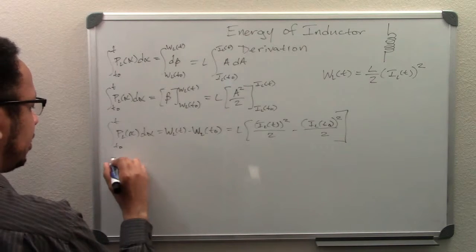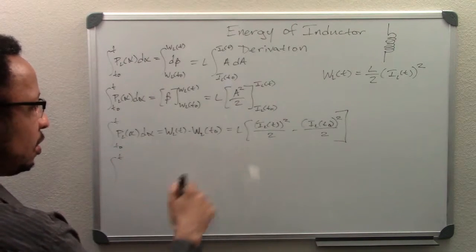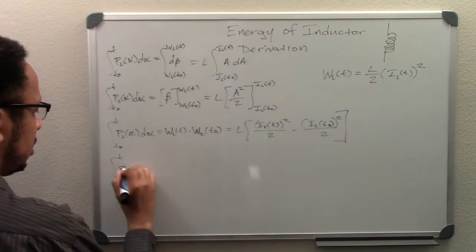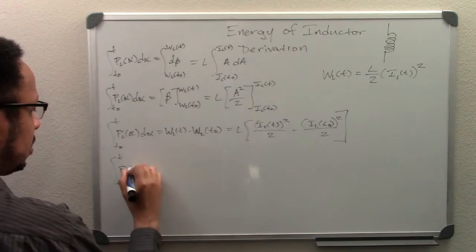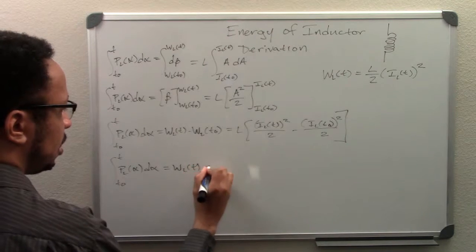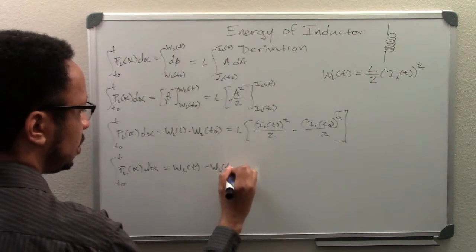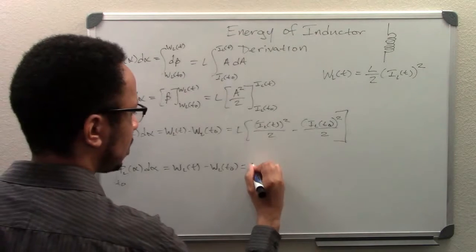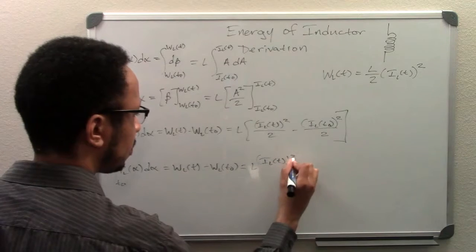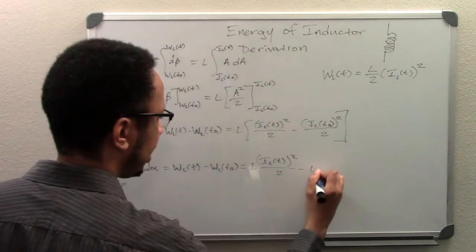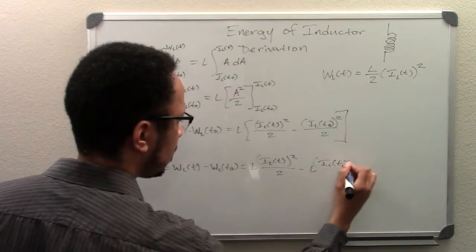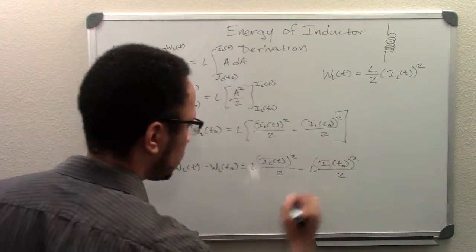Next, we'll distribute the L inward. That gives us L times i_L(t) squared over 2 minus L times i_L(t sub 0) squared over 2.